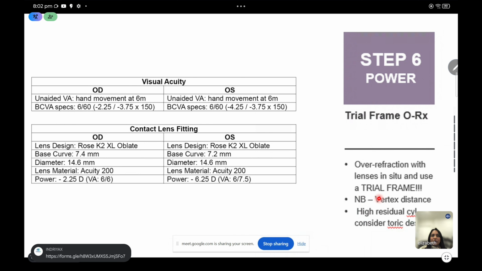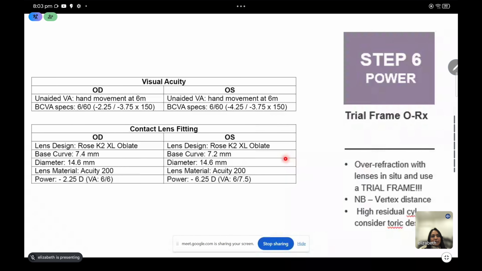So whatever power you find in the trial frame, if it's over 4, remember to convert that before ordering the power of the lens. And if you do end up with high amounts of residual astigmatism, you can order these lenses with a front surface toric design. So you can compensate fully for the residual astigmatism that comes through.